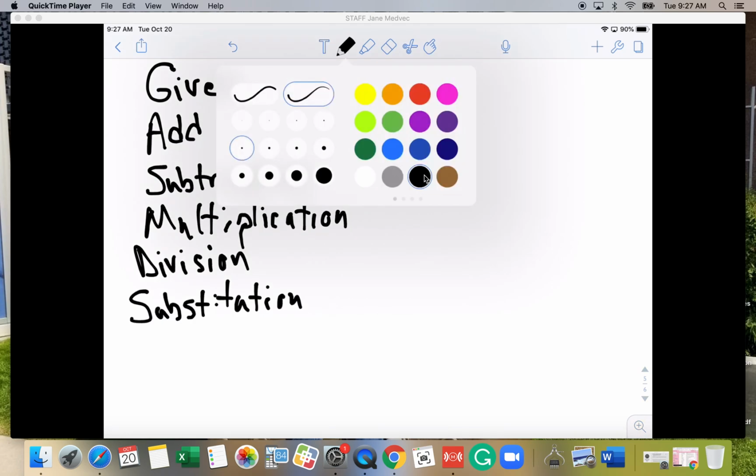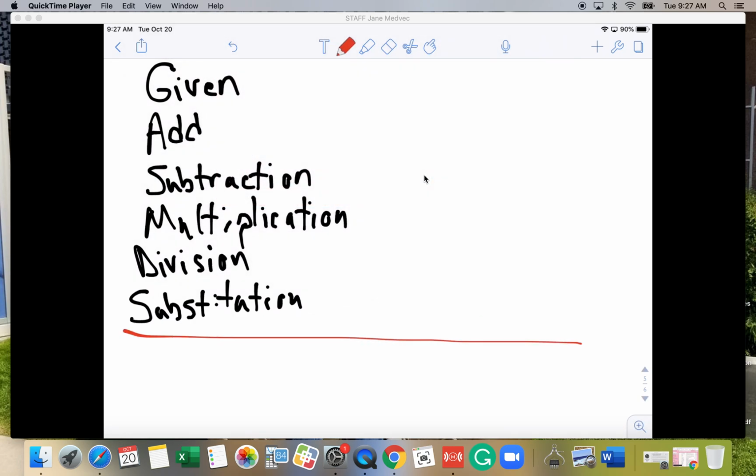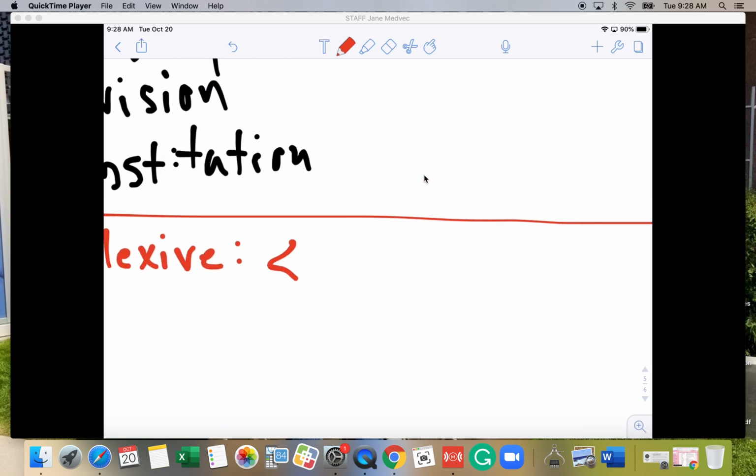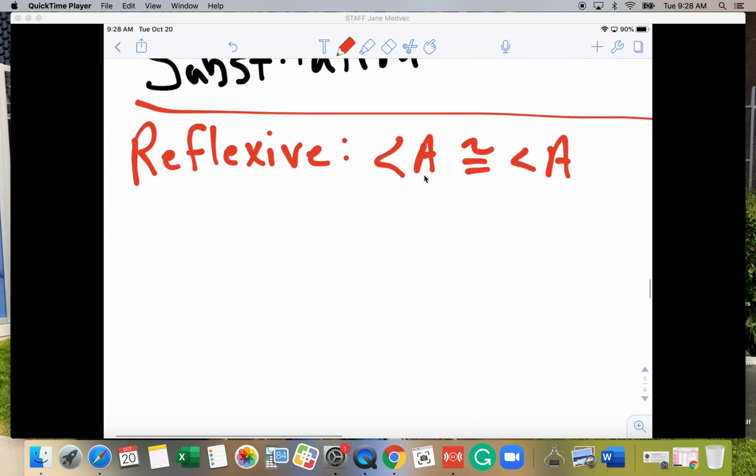Another thing that we also used yesterday were words like reflexive. You might want to put an example of that. An example would be like angle A is congruent to angle A. It's the same thing. It's reflected on either side. So I think of reflection.